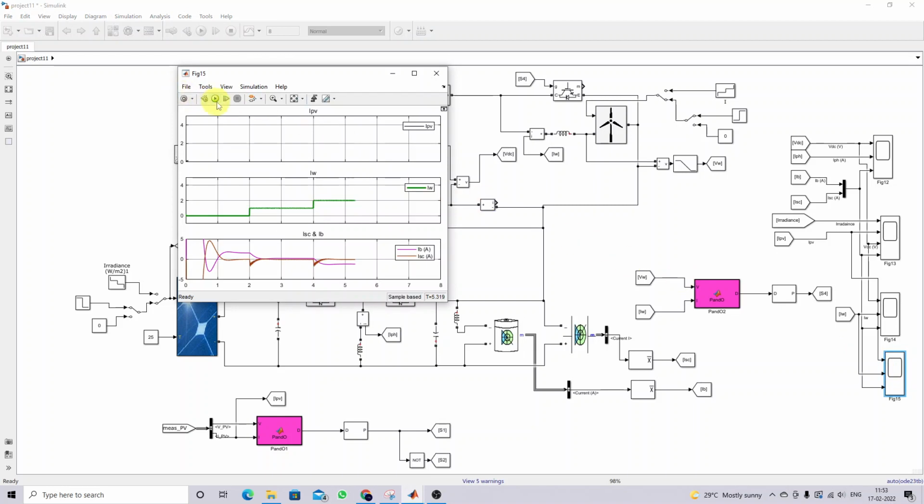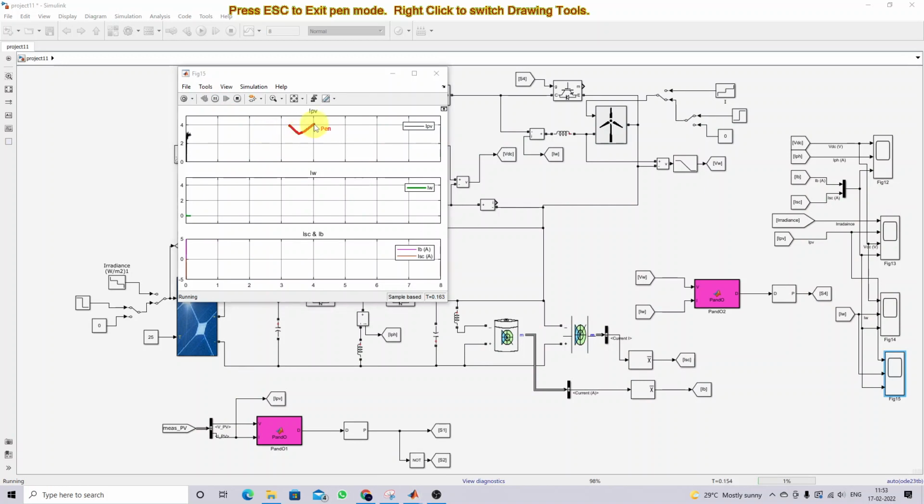Here we are going to measure the current of IPV, the wind energy conversion current, the supercapacitor current and the battery current. So this is the current from the PV panel, this is the current from the wind energy conversion, and this is the supercapacitor current and the battery current.